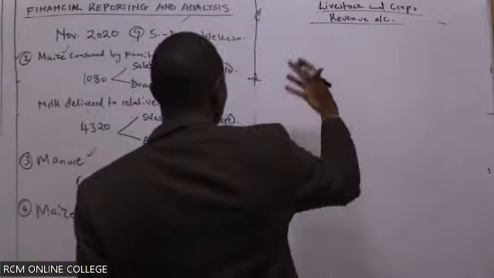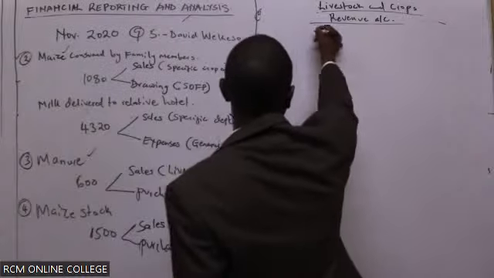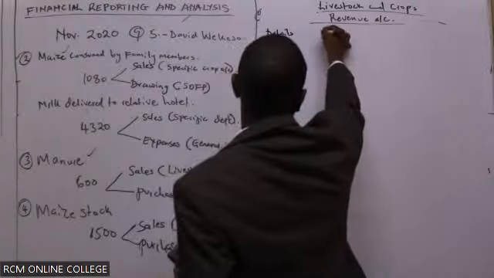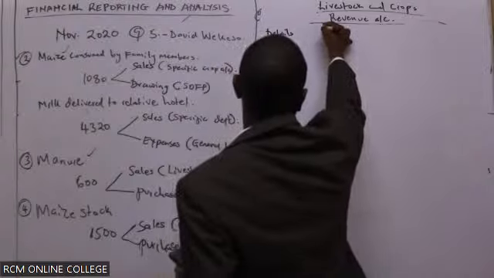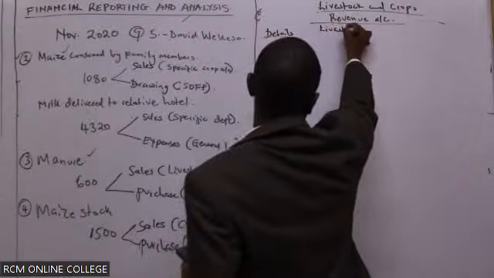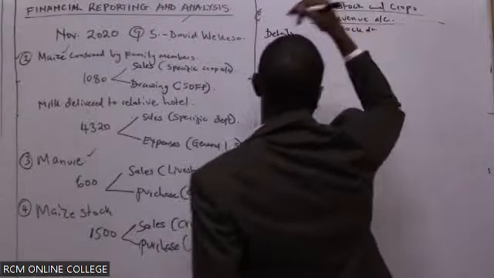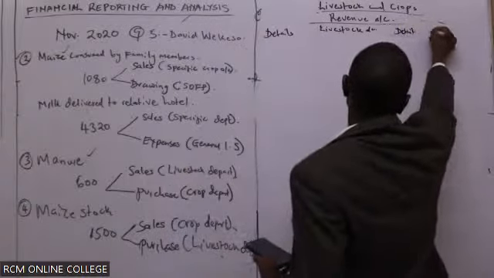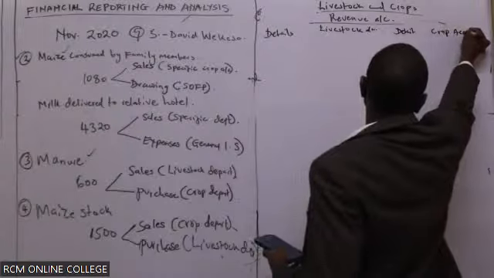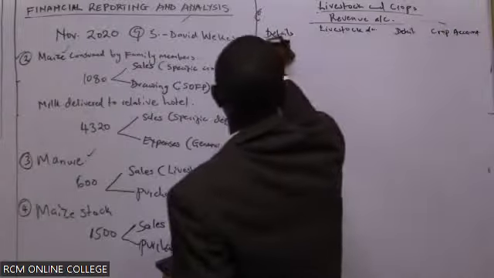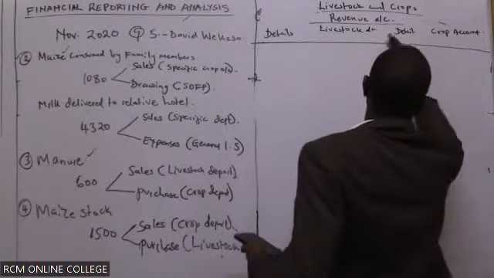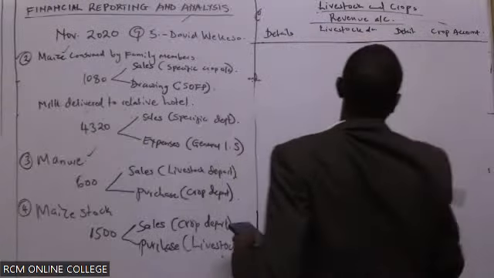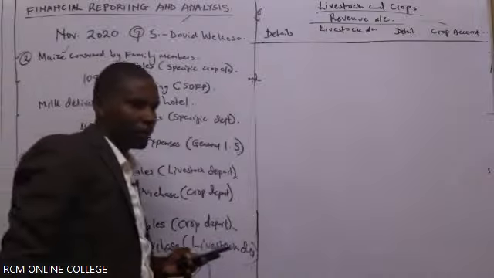So in this case, I'll be having 2 accounts here. Livestock account, of course, you shall be having details. Livestock revenue account, and on this side you shall be having details and crop account. Putting a line with the use of a ruler.